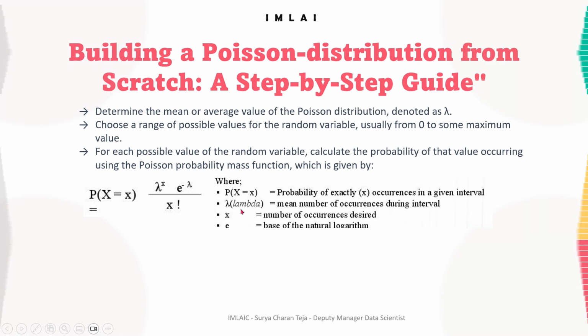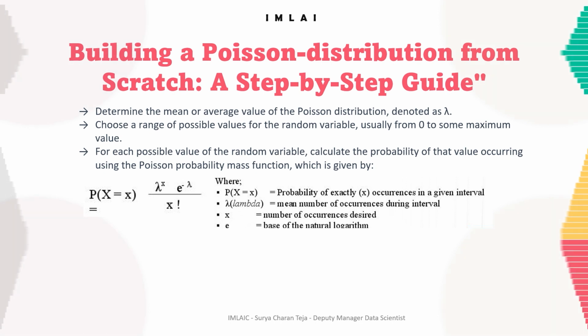Lambda is the mean number of occurrences during the interval, and small x is the number of occurrences desired. P is the probability, and e is the base of the natural logarithm. That's how we calculate the probability of each possible value of the random variable using the probability mass function.